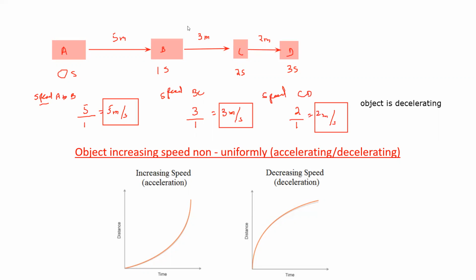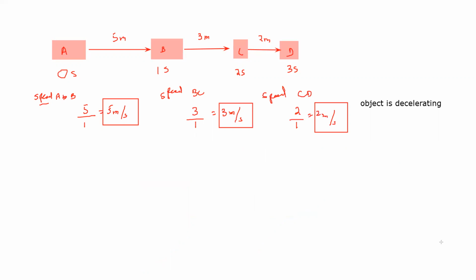And if we want to sketch a distance time graph to show that the object is decelerating, on the x-axis we have time, on the y-axis we have distance. Distance is in meters and time is in seconds.